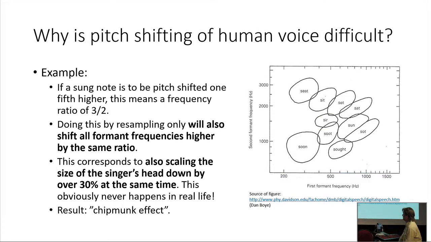So this illustrates that if you try to just pitch shift without any attention to the formants, in this example by a ratio of 3:2, which is a fifth higher, then your formants are transformed by the same ratio, so that means that the person's head becomes more than 30% smaller in effect at the same time. And this is precisely what people keep calling the chipmunk effect. It has some other names also. I don't know what would be the most official one. I've also heard munchkinization, and I guess there are a few others.